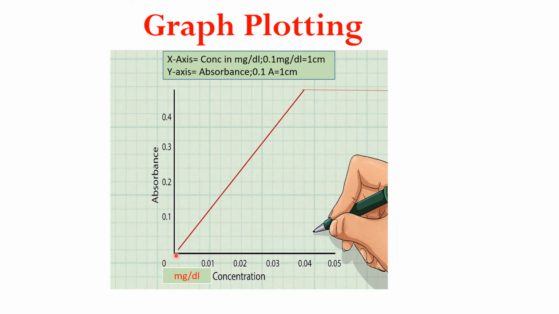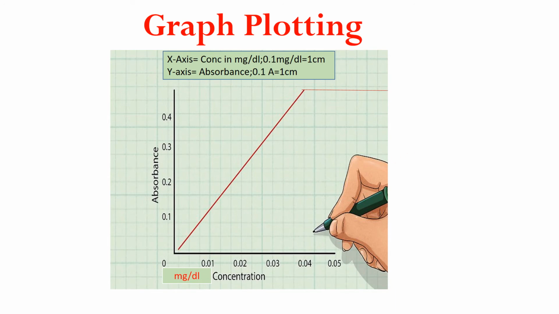And then the graph has to be plotted. So when you plot the graph, you will see that after a certain concentration, there is a non-linear graph. So for some time there is linearity, and after some time the graph becomes non-linear and flat.